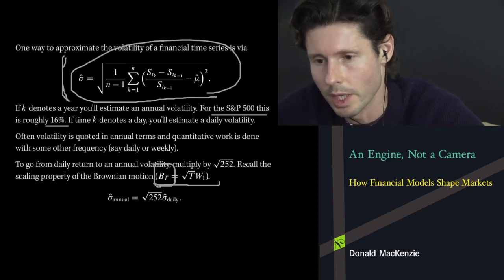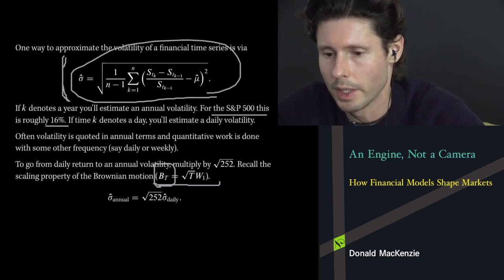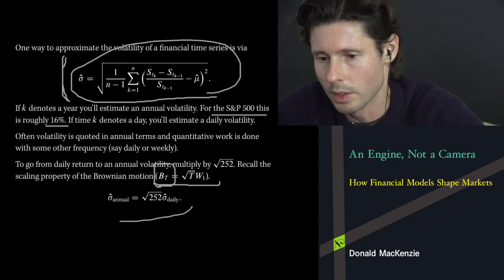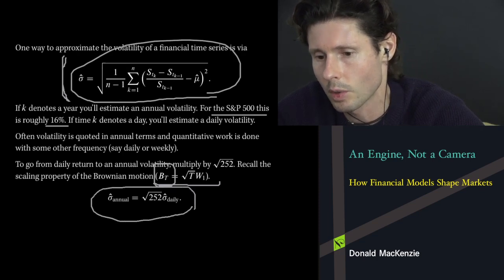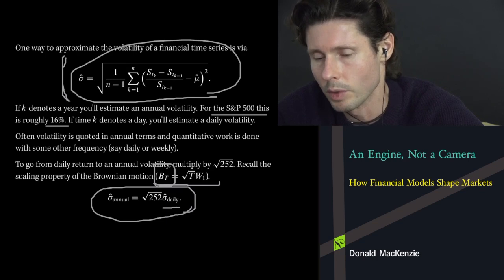Whereas if you were to use daily data, obviously it gives you quite a bit more observations to work with, and then you just need to translate to annualized units, which you do with this square root of the number of trading days per year if you're going from daily data, and then obviously depending on the frequency you would adjust this.